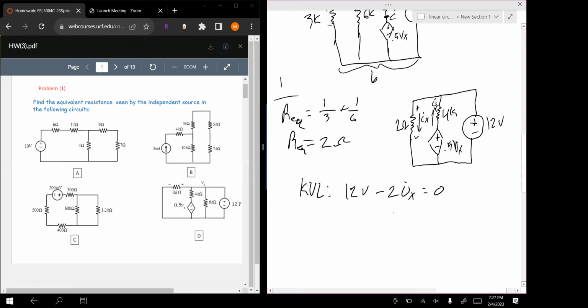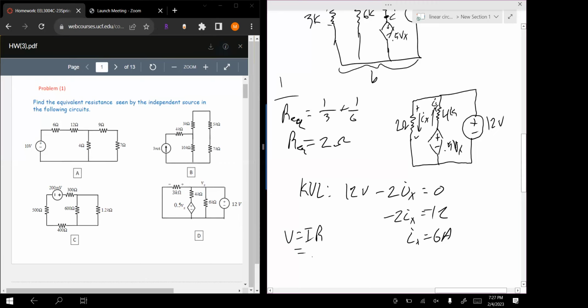So if we know IX, which in this case is looking like it's going to be 6 amps. I got this by, actually, I'll just do all the math for it. Negative 2 IX is equal to negative 12. IX is equal to 6 amps. We can find the voltage across this resistor with V equaling IR.